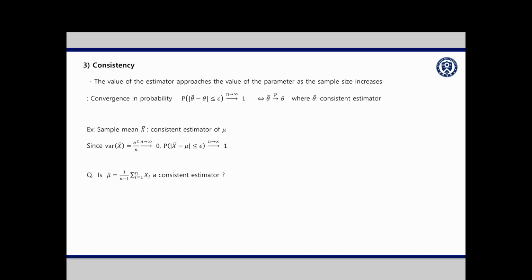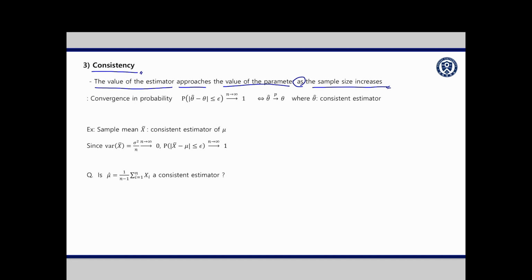The third condition for a good estimator is consistency. Consistency means that the value of the estimator approaches the value of the parameter as the sample size increases.